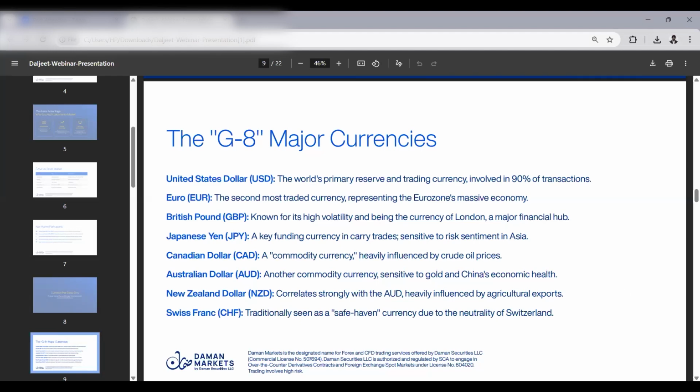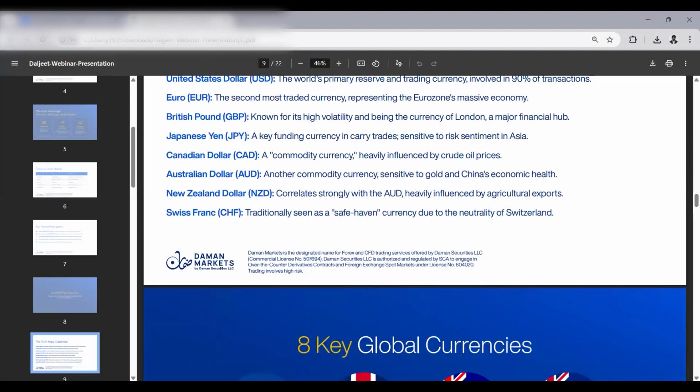So first, you have to understand what major currencies are. Major currencies are these 8 major currencies, which include US dollar, euro, GBP, that's Great Britain pound, Japanese yen, CAD, AUD, NZD, and CHF. So these are 8 major currencies. Let us go ahead.